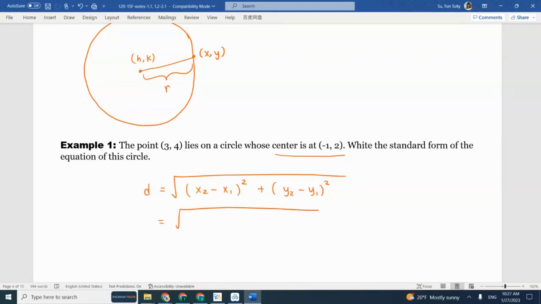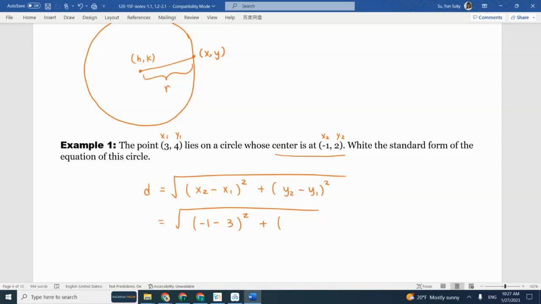Okay, so in this case, you can think of this as x1, y1, this as x2, y2. x2 minus x1 is 3 squared plus y2. Did I make a mistake? Yes, I did. Right? x2 is -1.